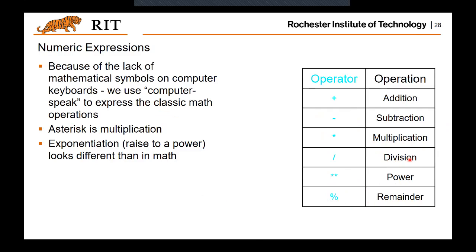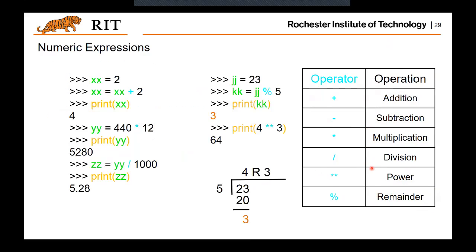I will show you some examples for some of the operations, especially the power and the remainder, because they are not as obvious as addition, subtraction, multiplication, and division, right? So let's look at them one by one.